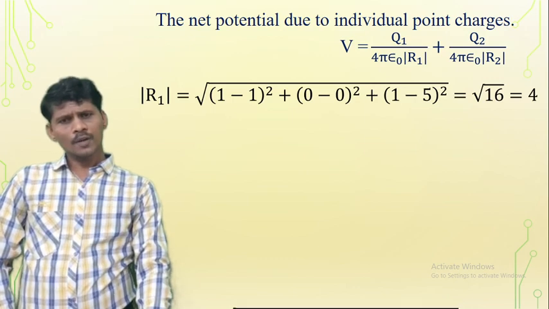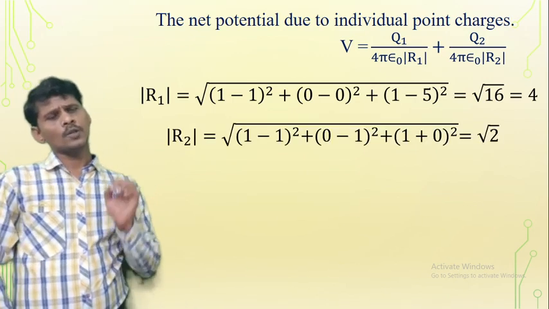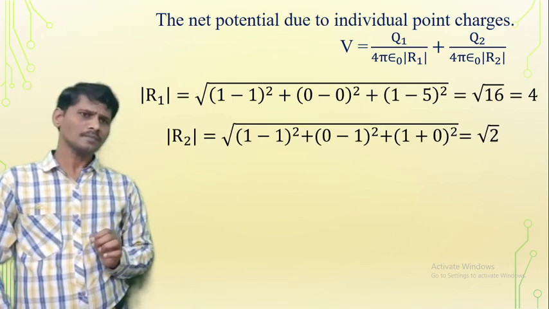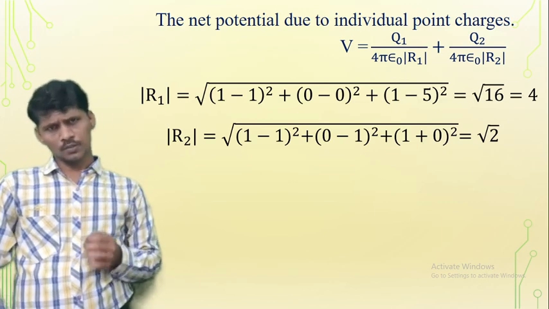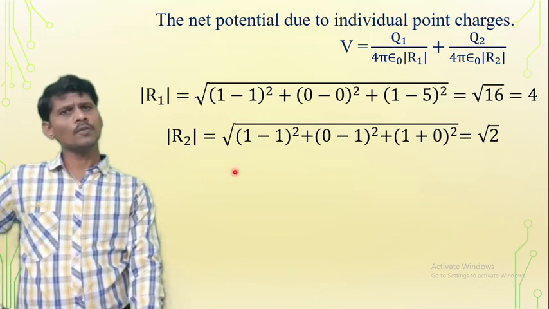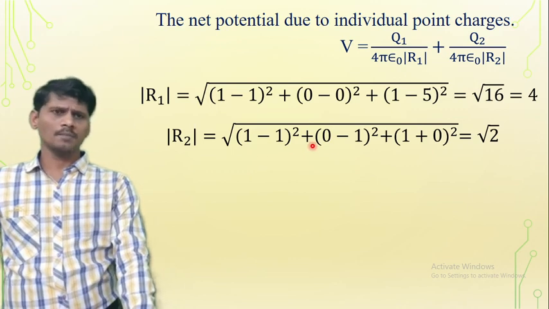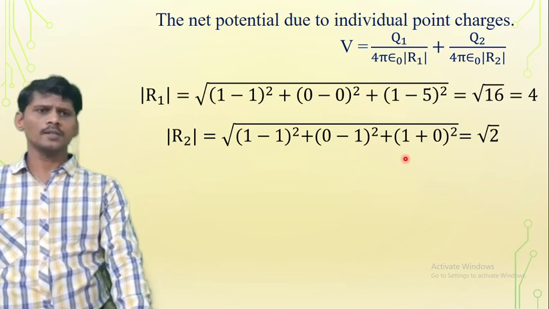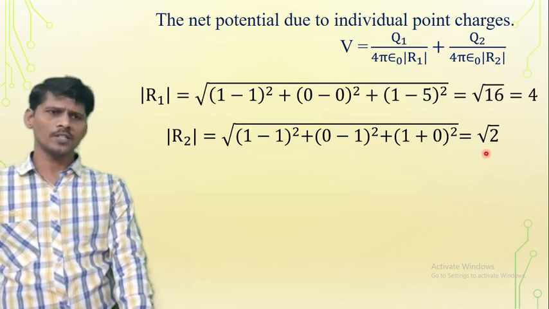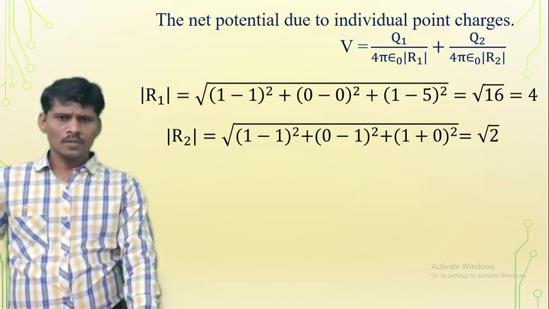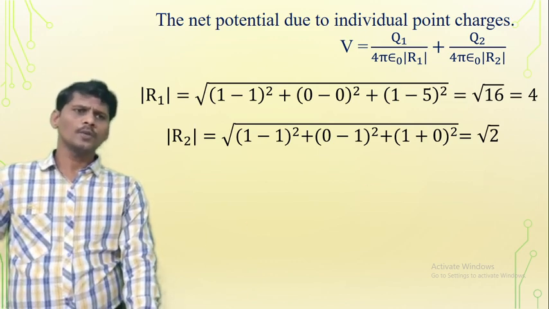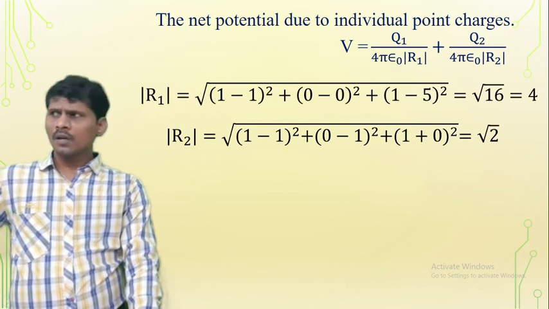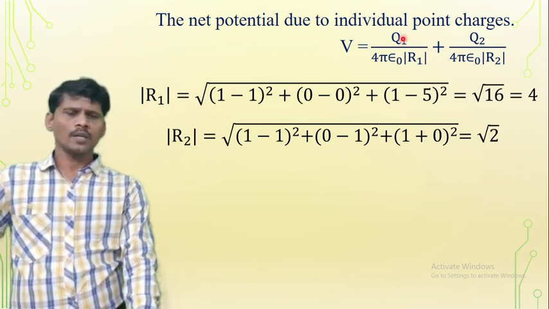Next, the magnitude of R2 is equal to 1, 0, 1 minus 1, 1, 0. So that is square root of (1 minus 1) whole square plus (0 minus 1) whole square plus (1 minus 0) whole square, that is equal to square root of 2. So now substitute the Q1, Q2, R1 and R2 values into the above expression.